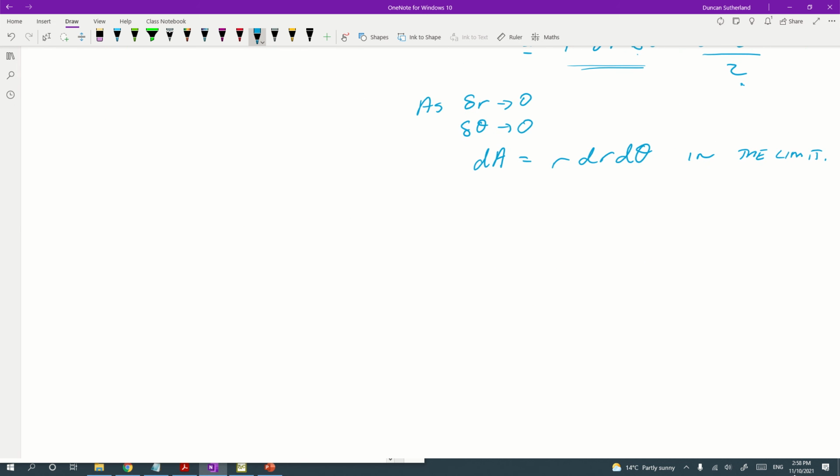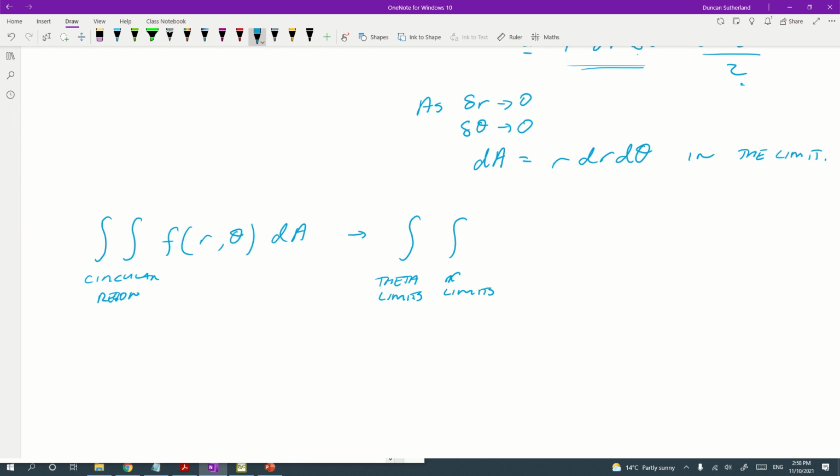If you have some integral of an integrand f of r, theta, dA over some sort of circular region, you can integrate this by putting in theta limits, r limits, f of r, theta, r dr d theta.